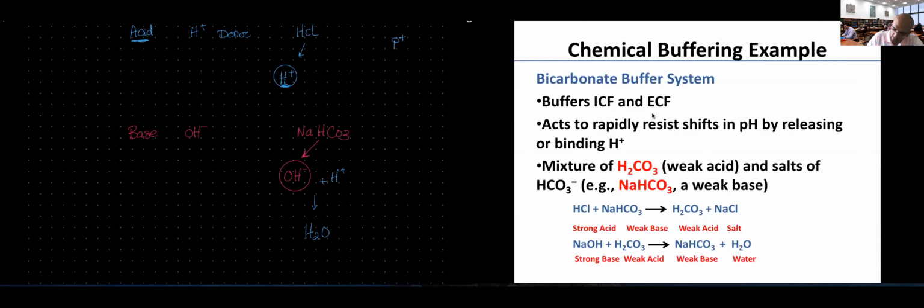So we call this a proton acceptor. A proton acceptor. Why? Because the hydroxyl group is willing to bind to a proton in order to form water. So by definition, a base is a proton acceptor.